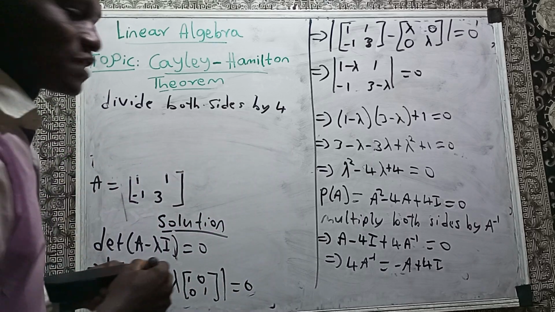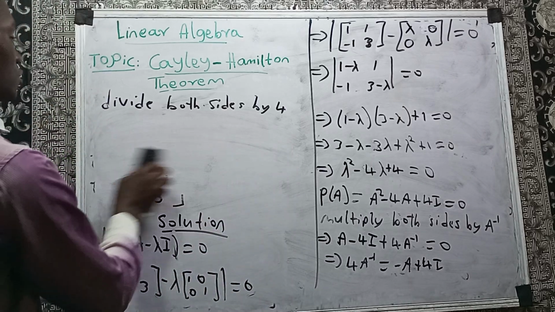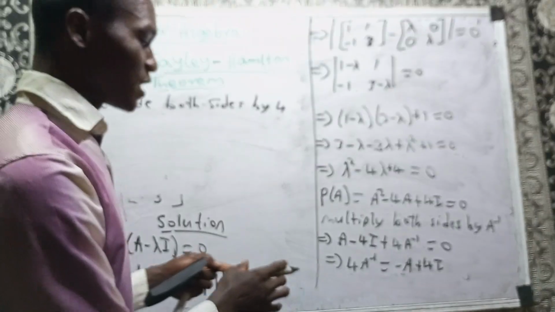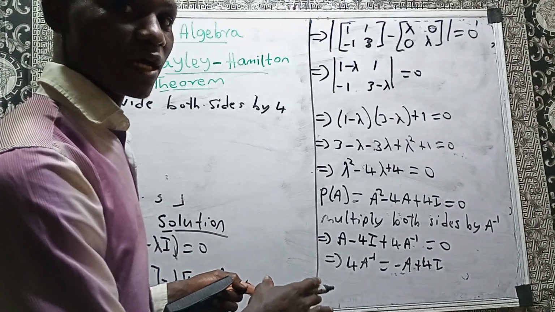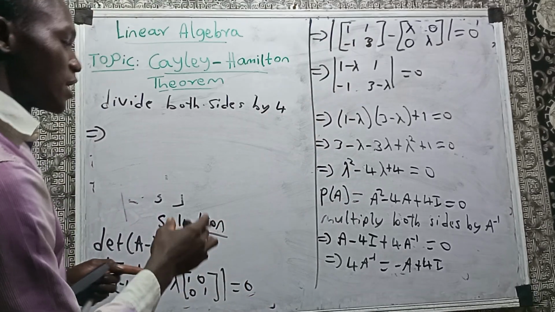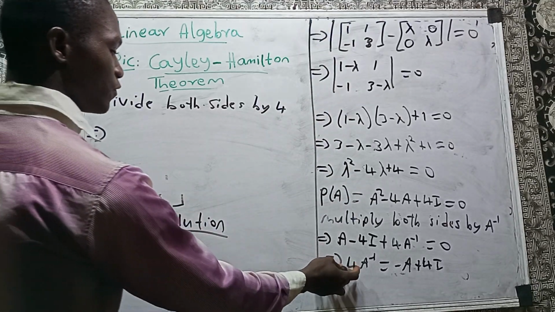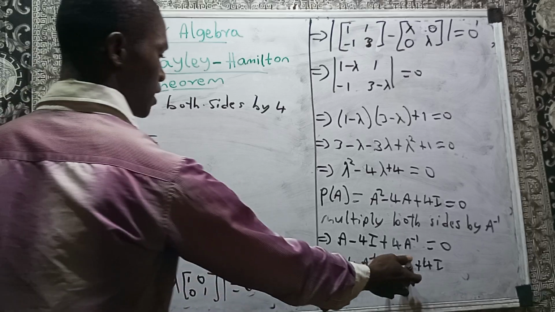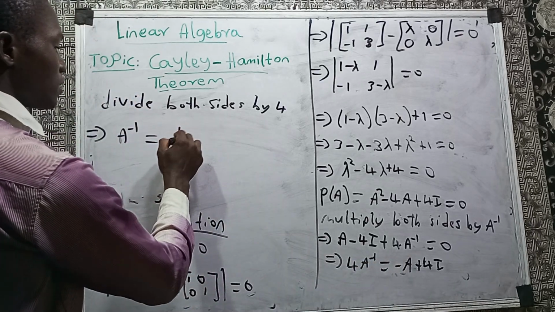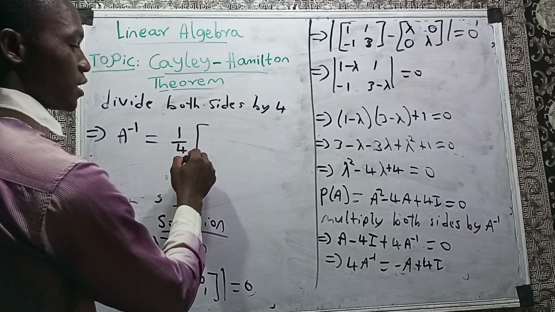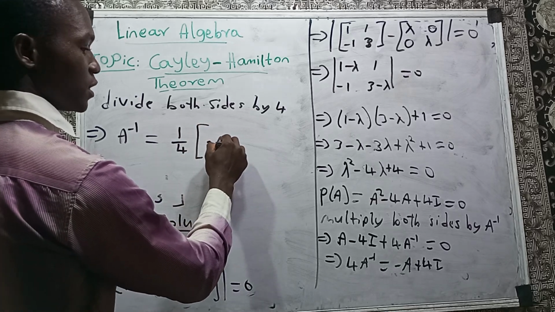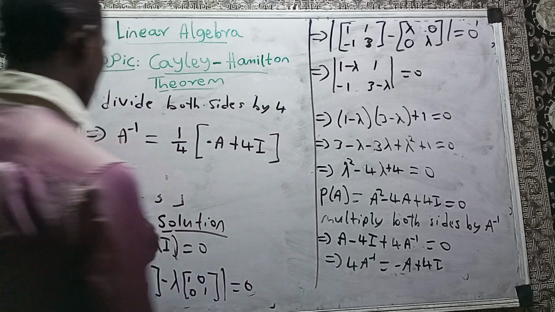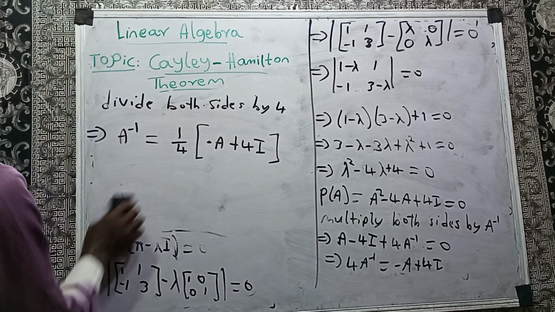Dividing both sides by 4 is the same thing as multiplying both sides by 1 over 4, the reciprocal of 4. So if you do that, you have A inverse equal to 1 over 4 multiplied by negative A plus 4i. So this will give us the inverse of this matrix.